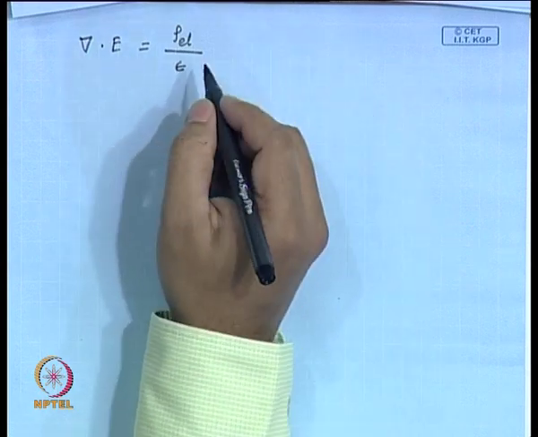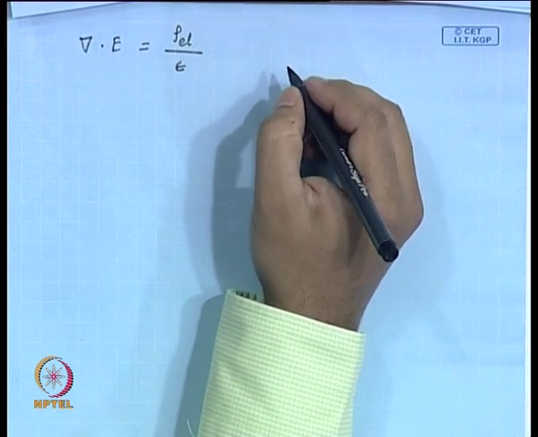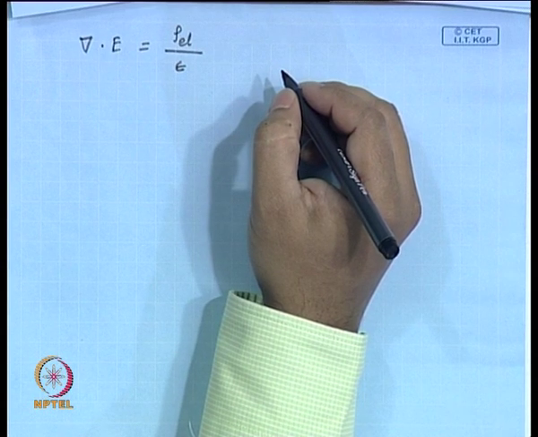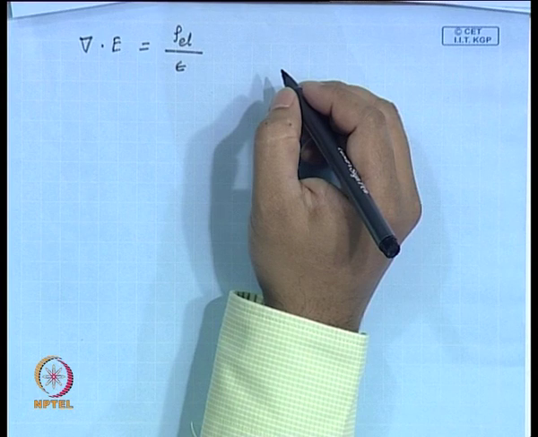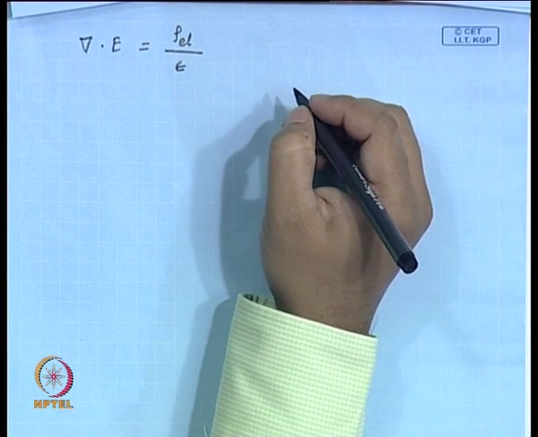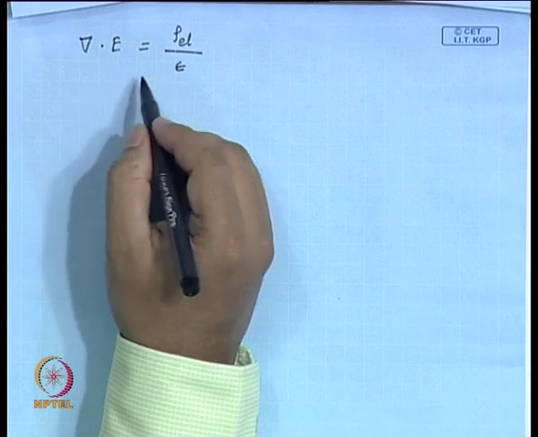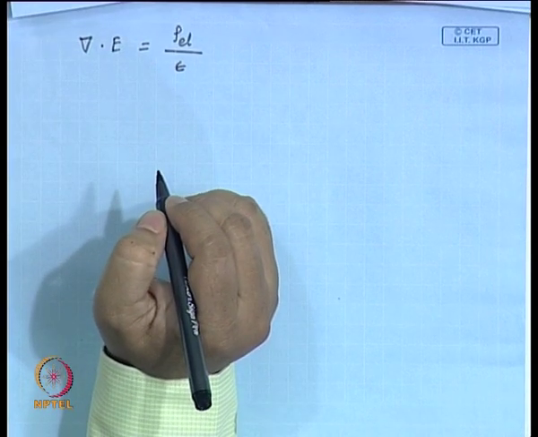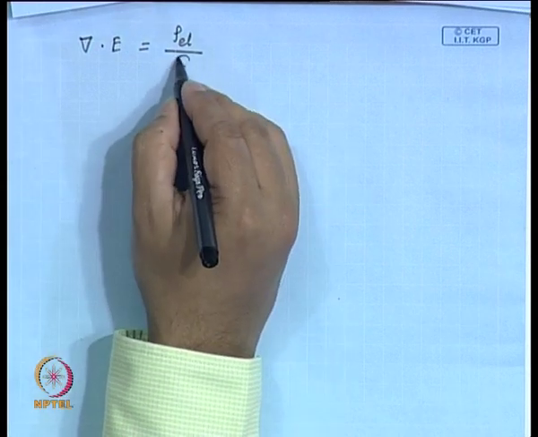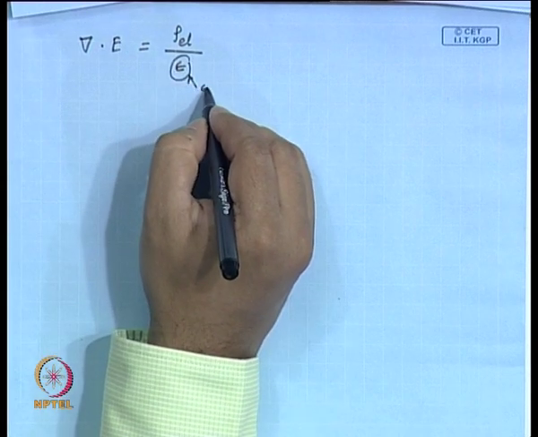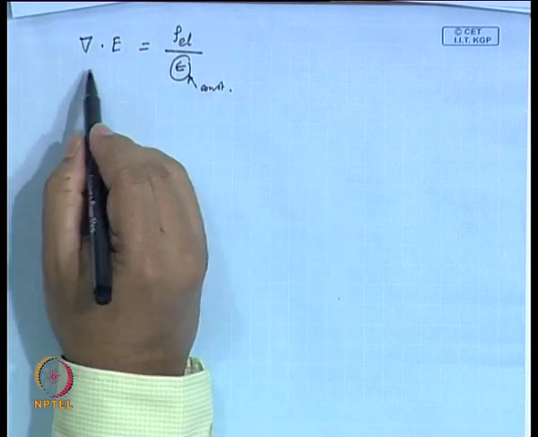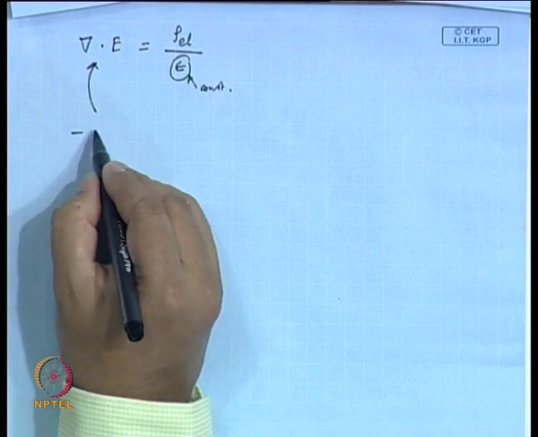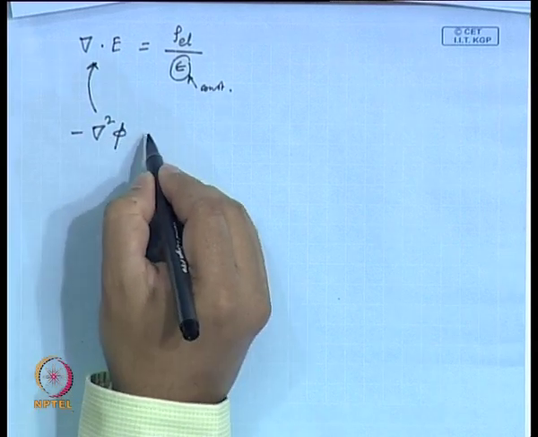Now, epsilon is basically the permittivity, right? Epsilon naught into epsilon r. You have to brush up your understanding of the electric field. So, this delta dot E is equal to rho E L by epsilon. And if epsilon is constant, then this delta dot E can be written as minus delta square phi.